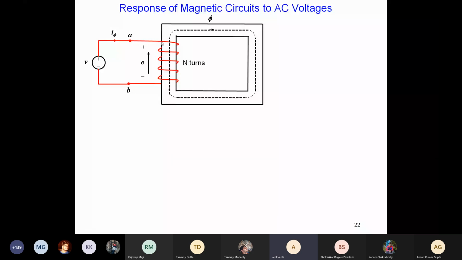That is, end A is at a higher potential than end B. So if you do V minus e is equal to 0, magnitude-wise your e_AB, that is the potential between A and B, is nothing but L dI_phi/dt. That is basically the voltage magnitude that is generated.